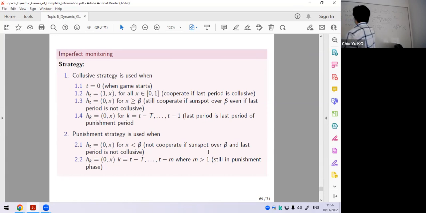If the sky is bright, then I continue to collude. If the sky is cloudy, then I go to punish for T periods. After T periods, I go back to normal. Of course, if anyone deviates, then I go back and punish again.